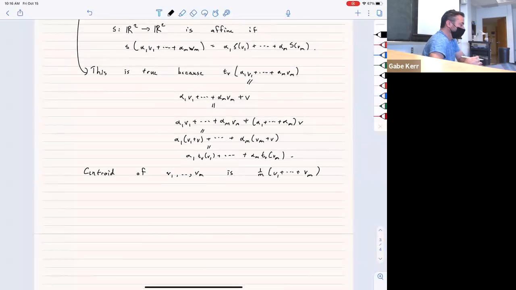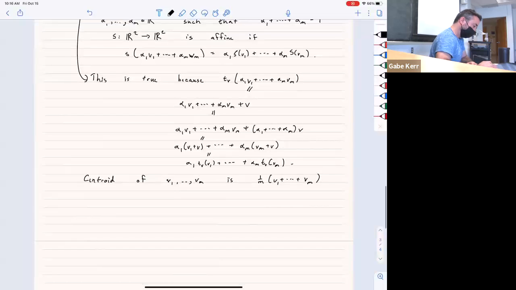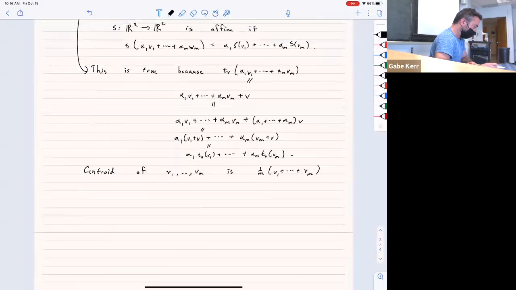So what you can see is that this will be preserved because of the affine property. But this is sort of parenthetical. We can do without it.